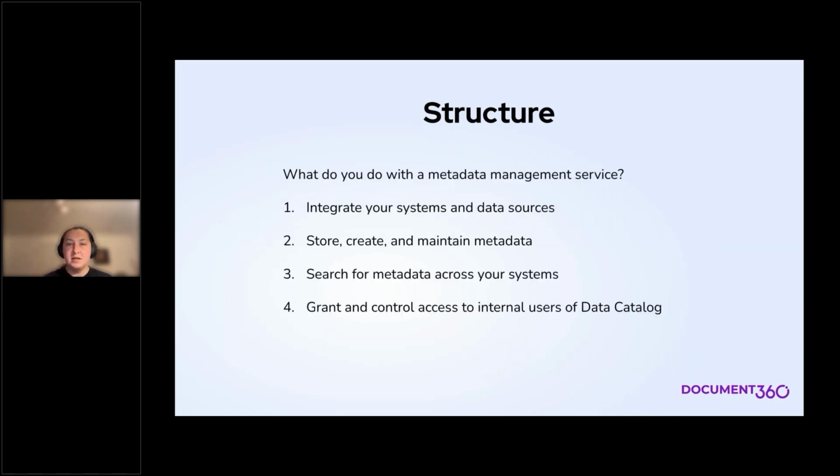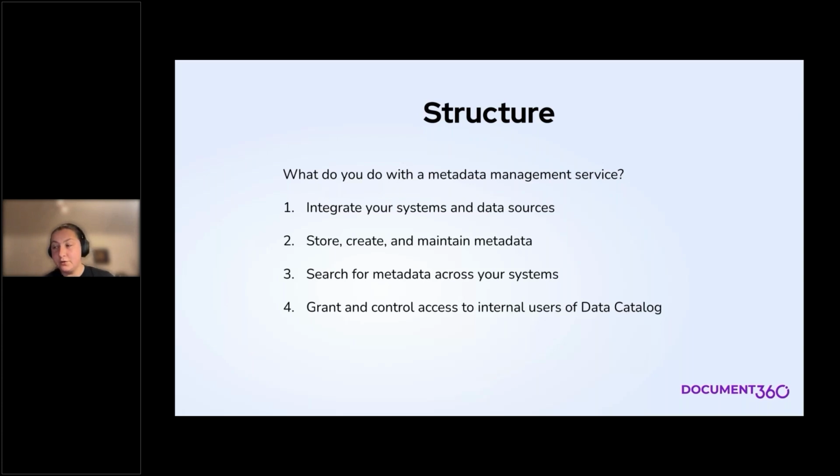So this is the rough set of steps that you perform when you use Data Catalog. What you do is you integrate the systems that you have: legacy, on-premises, and those in Google Cloud. Then you create, store, and maintain your metadata.